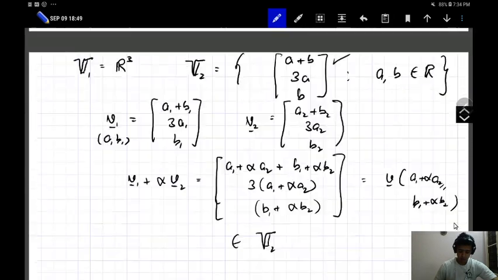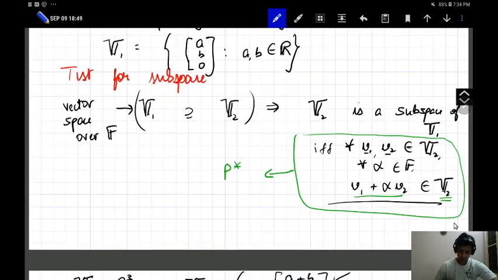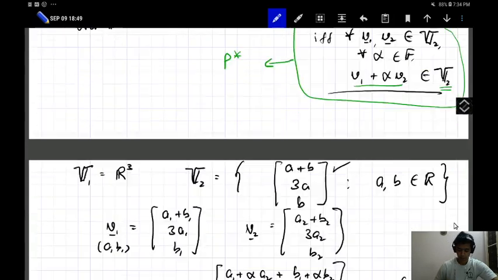So this is a proof of the fact that if this property P star is satisfied, then V2 is a vector subspace of V1. So at any point, if we are given a vector space V1 and we want to test whether V2 is also a vector space, so it's a subspace of V1, then as long as V2 is non-empty and it's a subset of V1, we only need to check for property P star to ensure that it's also a subspace.